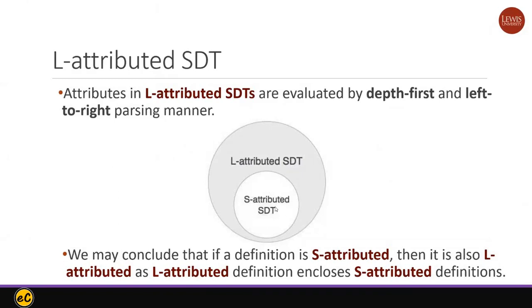All of the S attribute SDT can be included by the L attribute SDT, so L attribute SDT is a bigger family. It goes left to right passing grammar.